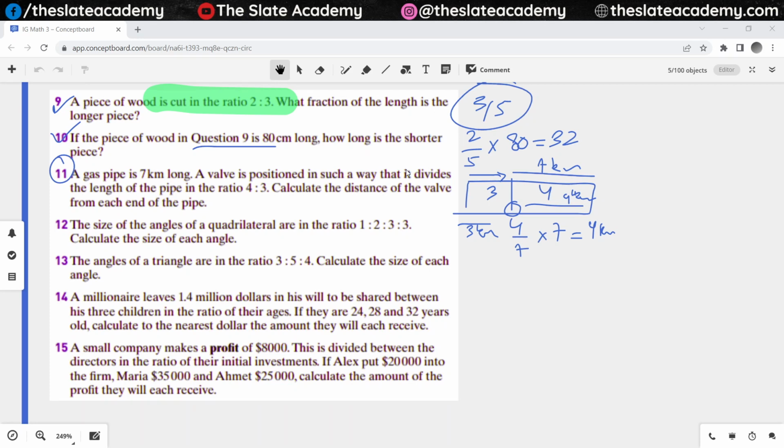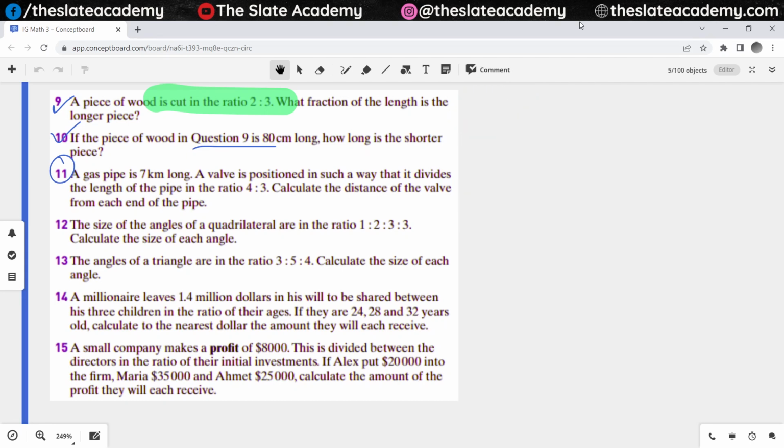All right. Quickly, question number 12. You tell me. We multiply with the total. So what's the total over here? 9. Not the total of ratios, the total of the value that is being divided. What's the value that's being divided?